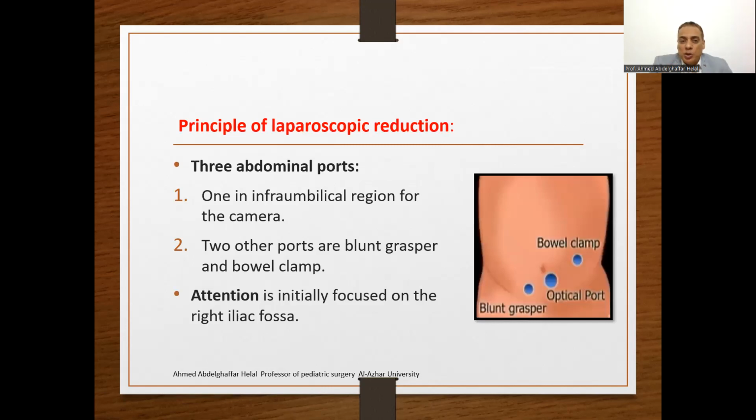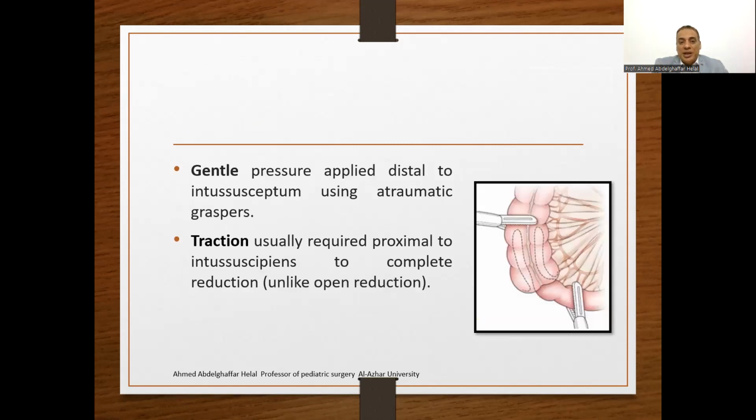Some principles of laparoscopic reduction: we use 3 abdominal ports, 1 infraumbilical for the camera and 2 others for the atraumatic grasper and Powell clamp. Attention is initially focused on the right iliac fossa, as the commonest type is the ileocolic type. Gentle pressure is applied distal to the intussusceptum using an atraumatic grasper.